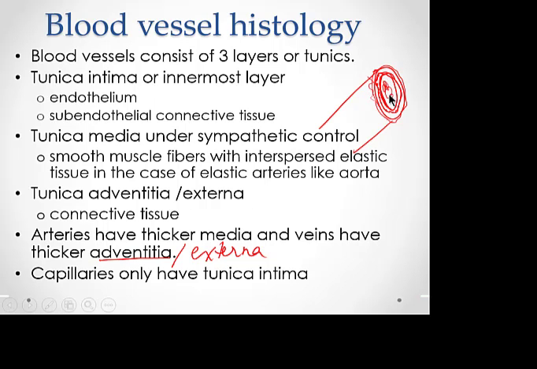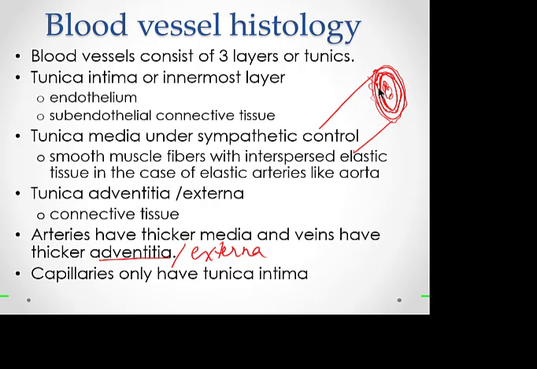The tunica intima, the lining, is called endothelium, and just under the endothelium with the basement membrane you have connective tissue. The middle layer is tunica media, which is thick, made up of smooth muscle.